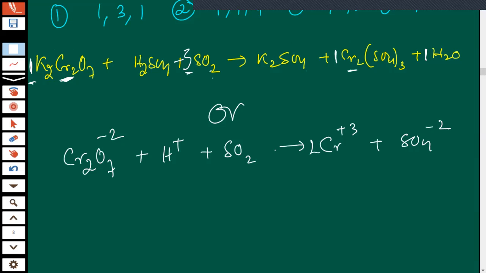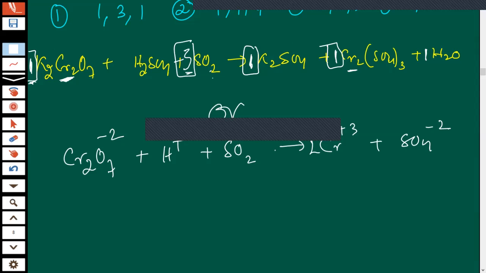K2 is also there. This number is also fixed, right? Now we do not disturb these numbers. Please don't disturb these numbers. Now you try to balance first.